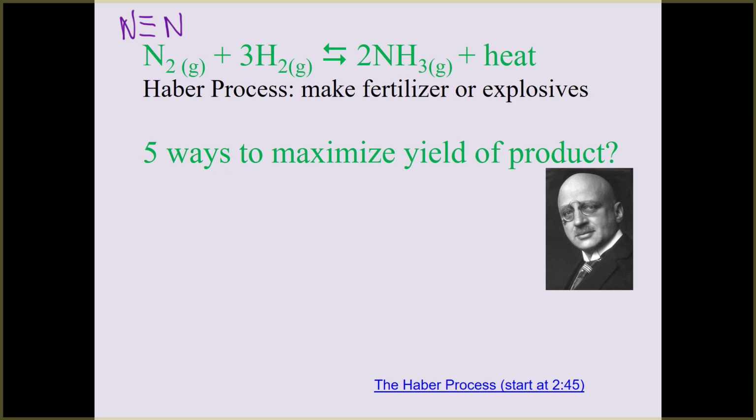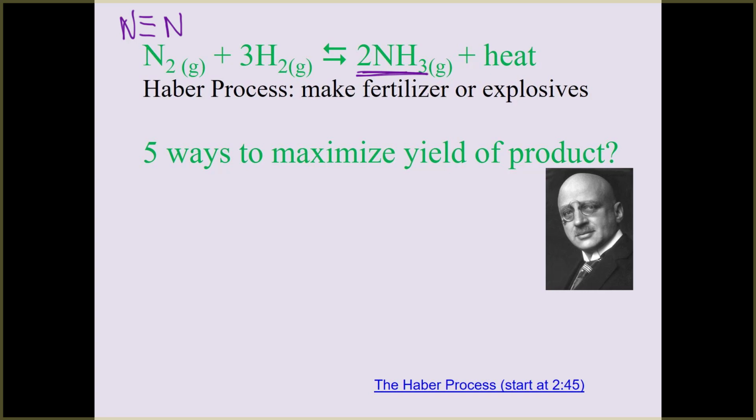But knowing what you know of Le Chatelier's principle, how can we maximize the amount of ammonia that can be made? How are we going to make a lot of ammonia? We want to always have ammonia being made.